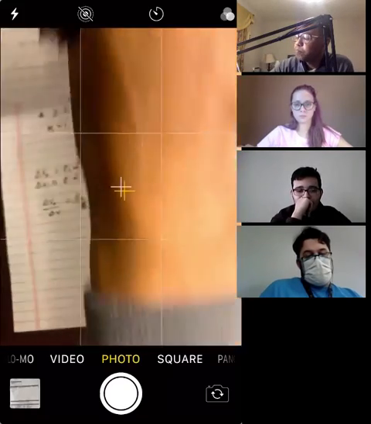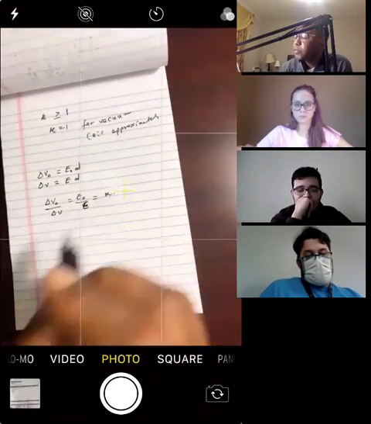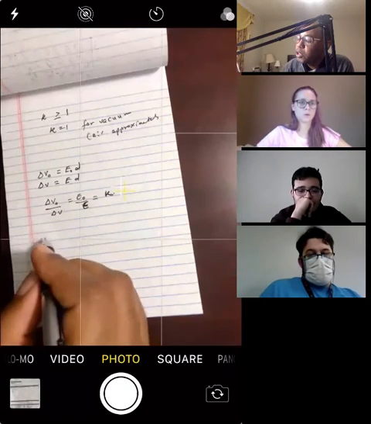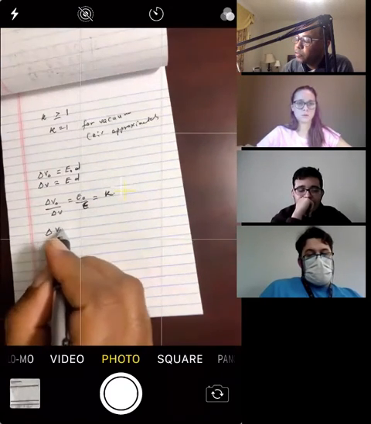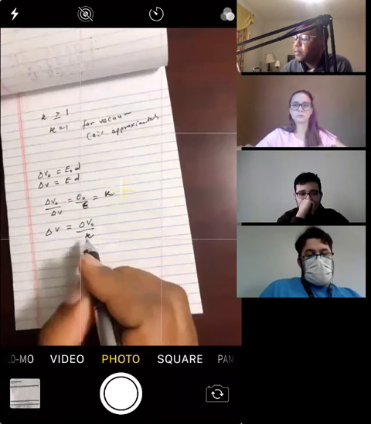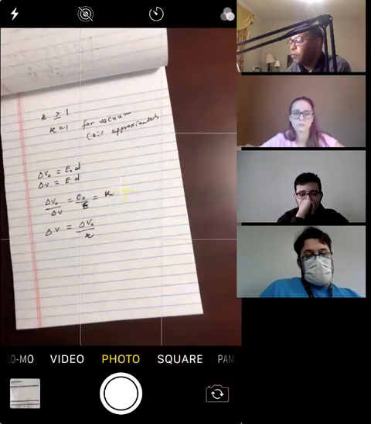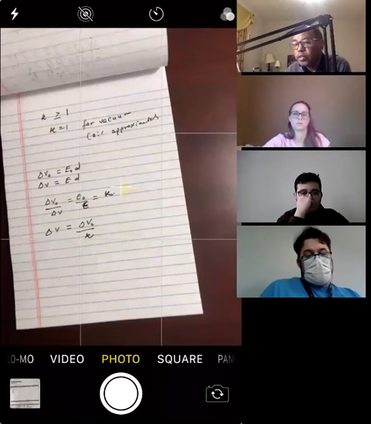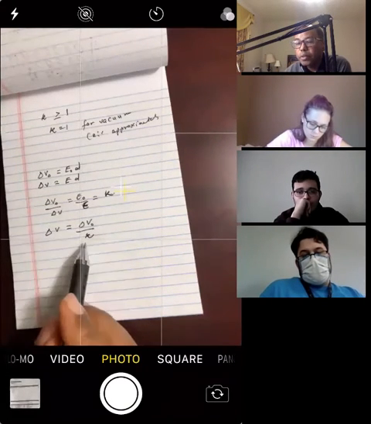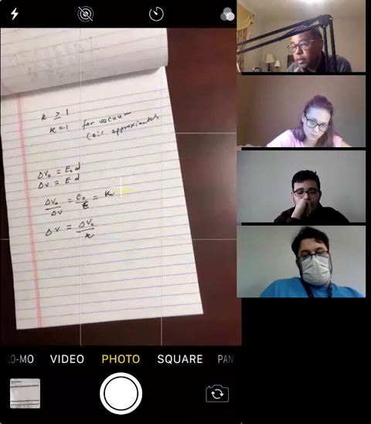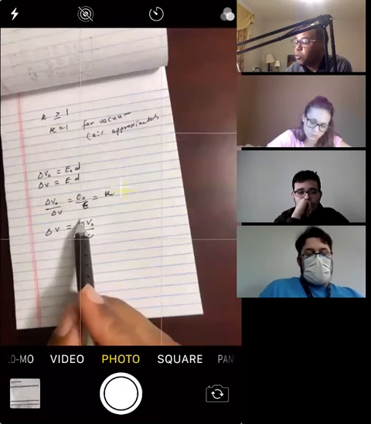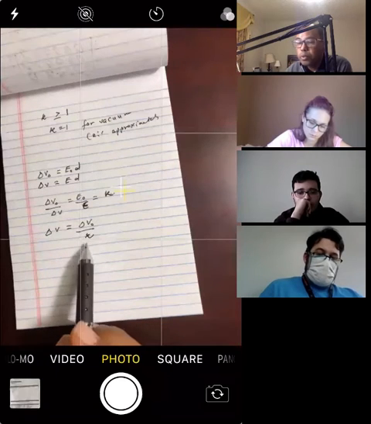So we have a formula for the new potential difference: the potential difference equals the original potential difference divided by the dielectric constant. So do you think the potential difference increases or decreases with the dielectric? Remember, kappa is bigger than 1. Does it decrease or increase? Decrease. This is the original potential difference, and this is bigger than 1.